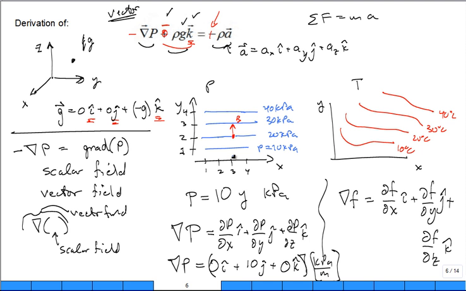I know all of these have some units like meters, true? 4 meters, 3 meters, 2 meters, 1 meter, right? So what does it say? That if I move straight north, if I move in the j direction, 1 meter, it'll change by, does it go up by 10 kPa?